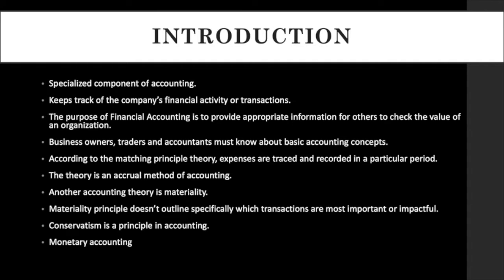One is accrual and the other is materiality theory. Both are considered to check the status of the organization, but on the other hand, there is one principle called conservatism, in which accounting transactions are converted into financial statements.